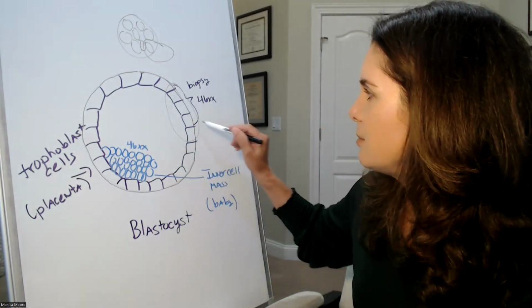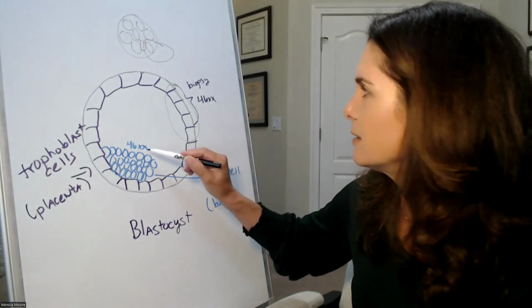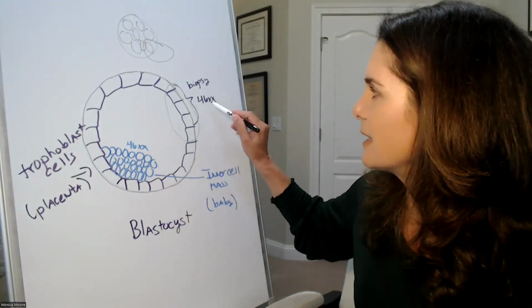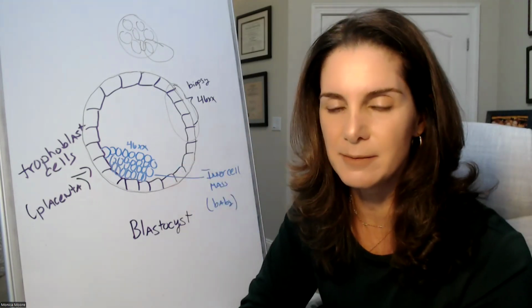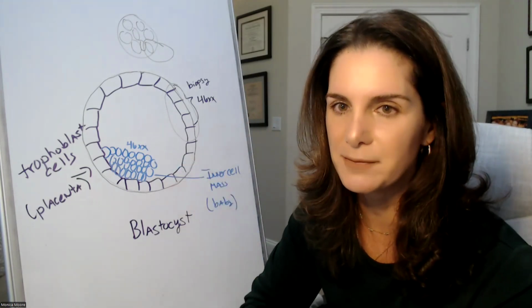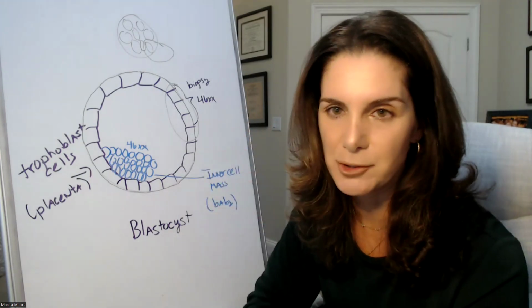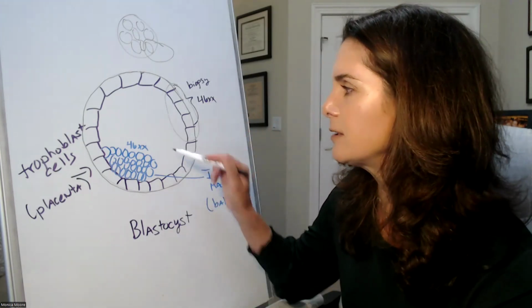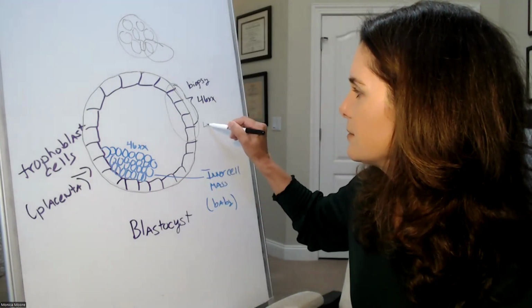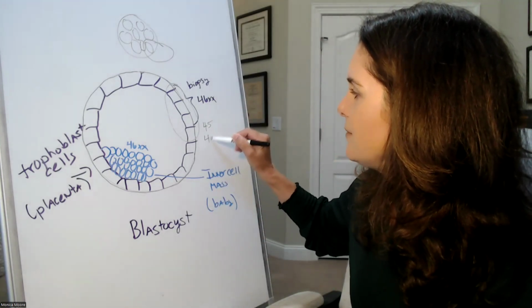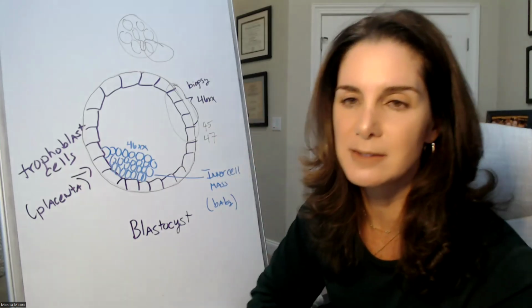So what we do is we sample these cells, we send them off to the lab, we get a result that says 46XX. We would assume that the inner cell mass, in the very great majority of cases, is reflective of the trophoblast cells. So this would be called a euploid embryo. If there were 45 chromosomes or 47 chromosomes, 45 is called a monosomy.